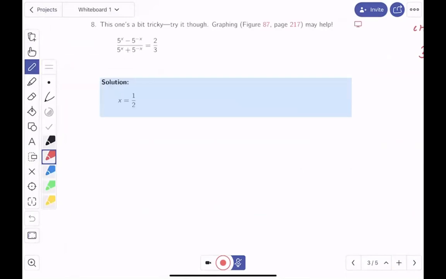And I'm going to multiply both sides by the LCD, or what some people call cross multiplication. Nothing wrong with that, by the way. So let me see if I can do that. That would give me, let's see, 3 times 5 to the x minus 3 times 5 to the minus x equals 2 times 5 to the x plus 2 times 5 to the minus x.